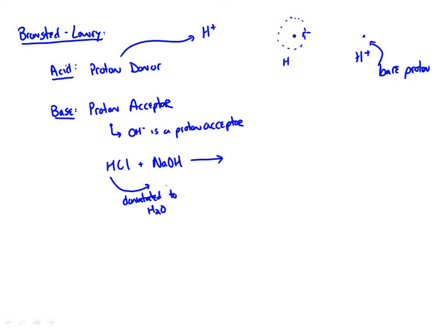Or you can think about it as being donated to the OH-. And notice that that OH- accepts it. And so we get NaCl as our other product, and more importantly, we get water, or HOH, where this was donated, and this accepted it.